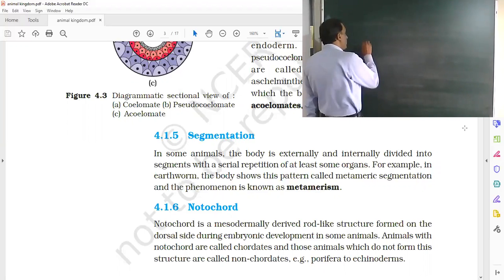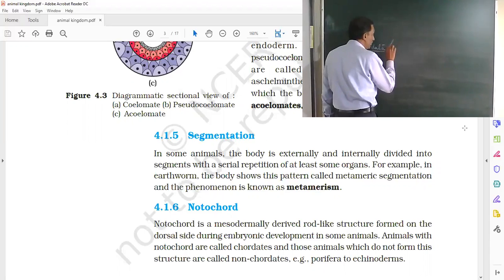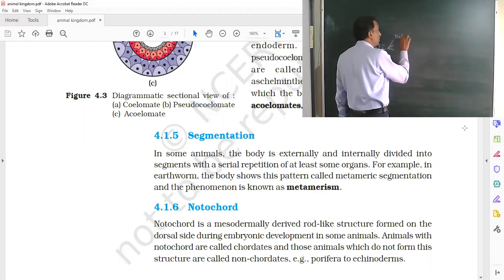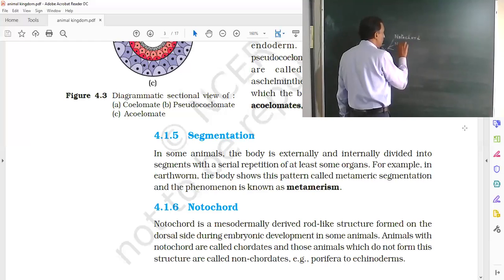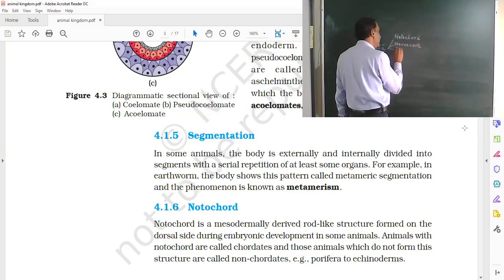Now the body of chordates. Chordata has three things. What? One notochord, one nerve cord, and pharyngeal gills.